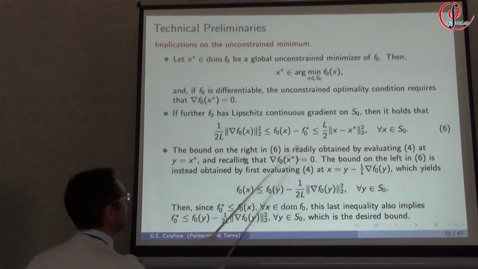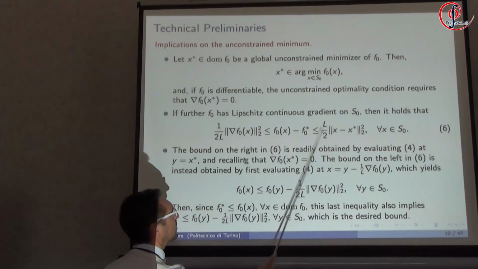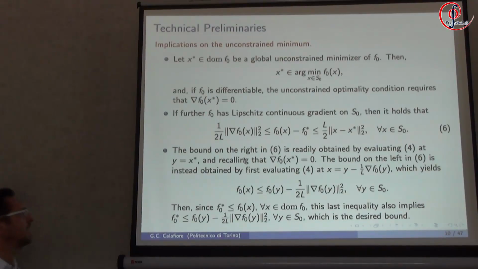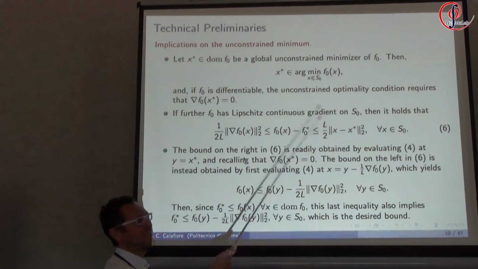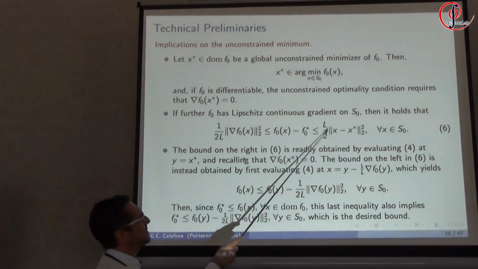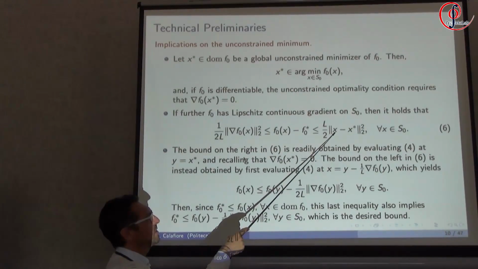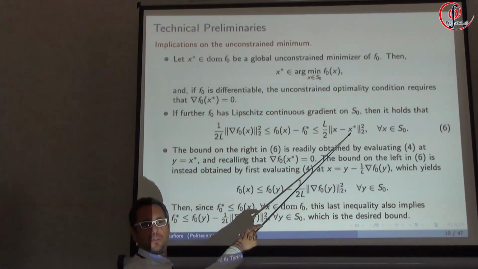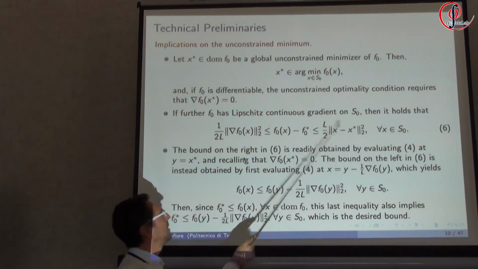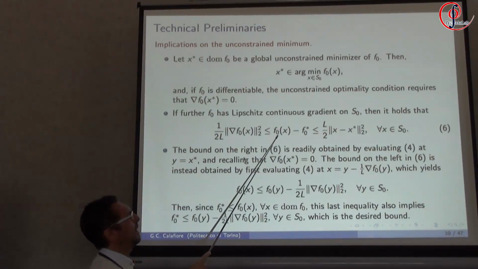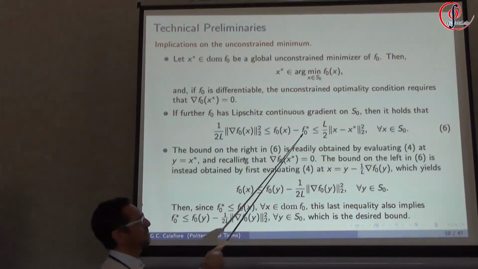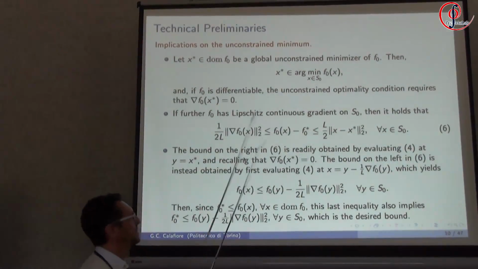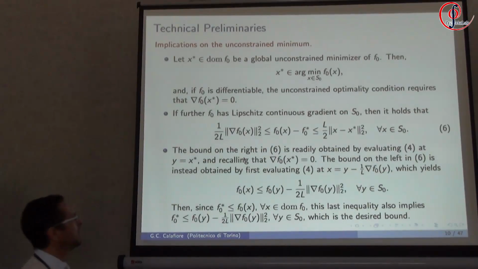So, for instance, if we look at the right side of this inequality, it's not so interesting so far, because it says that if x is close to the optimum value, then also f0, the objective value, will be close to the optimal value of f, which is a good thing to have, but also a pretty intuitive one.